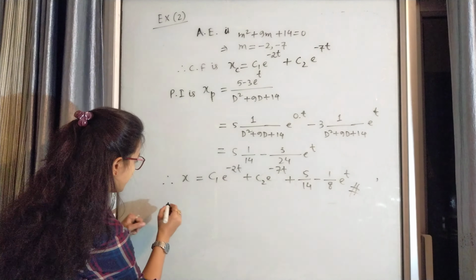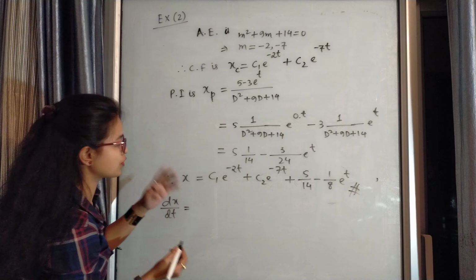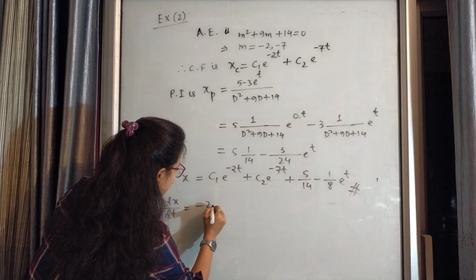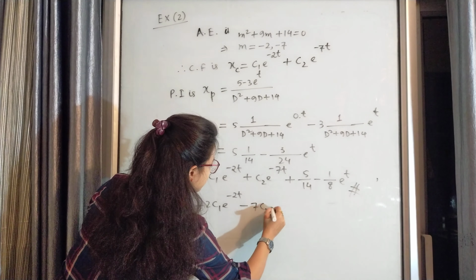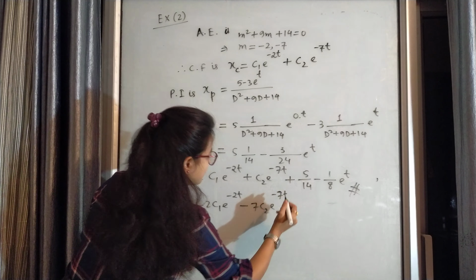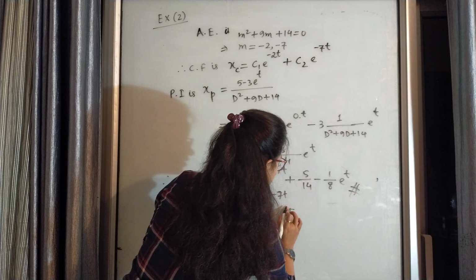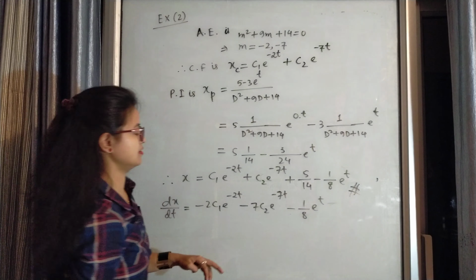Let's find the dx/dt, because we need to use this to get the other dependent variable y. So dx/dt, simple differentiation, the constant gives 0, then minus 1 by 8 e to the power t.